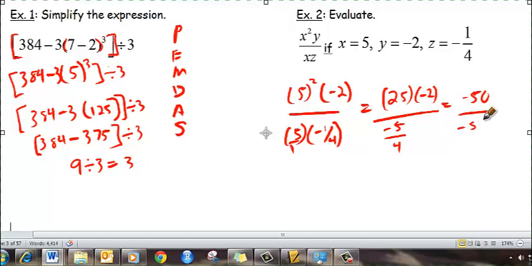So how do we divide something by a fraction? Well, we end up multiplying by the reciprocal. So this flips and becomes a negative 4 over 5. Now, we've got a whole number times a fraction. It might be easier if we make the whole number a fraction itself. So we end up getting a negative, well, 50 times 4 would be 200, so 5 times 4 is 20, extra 0.